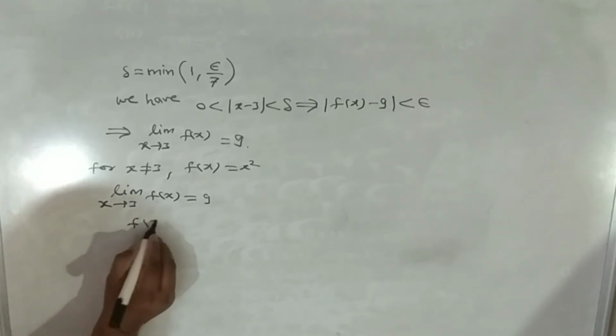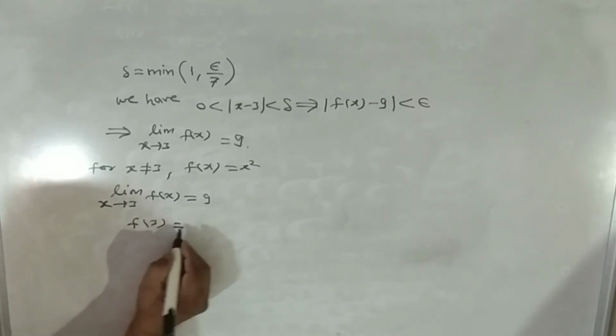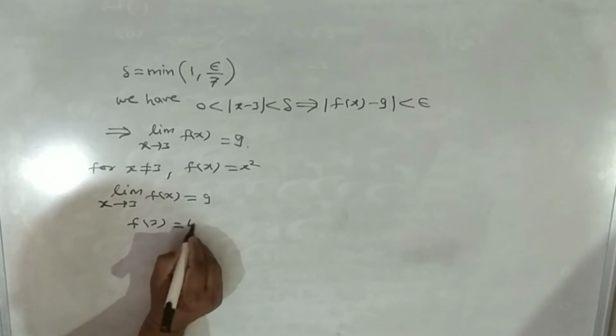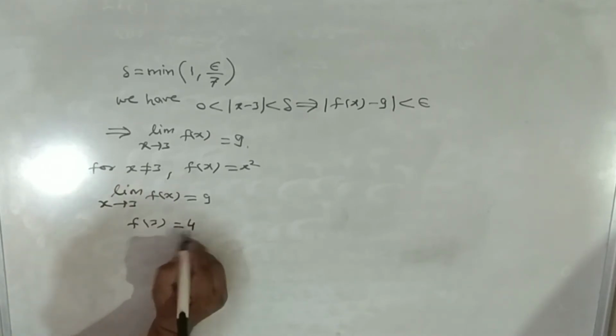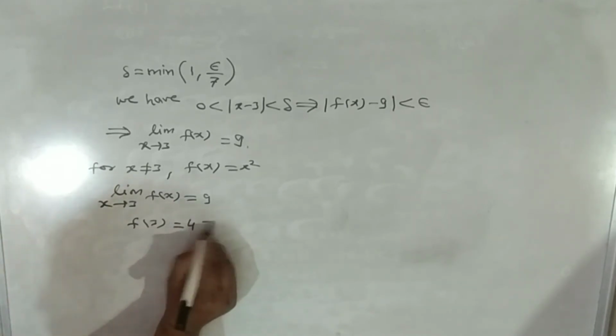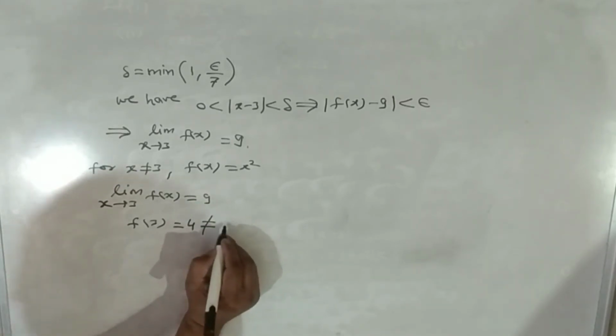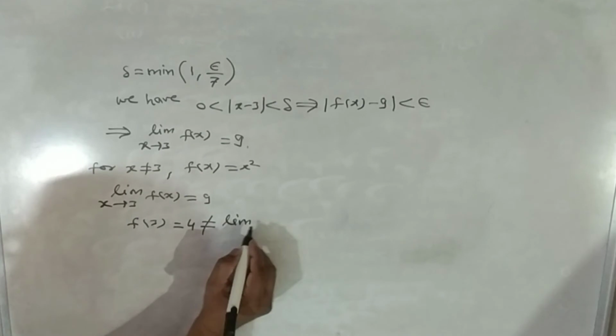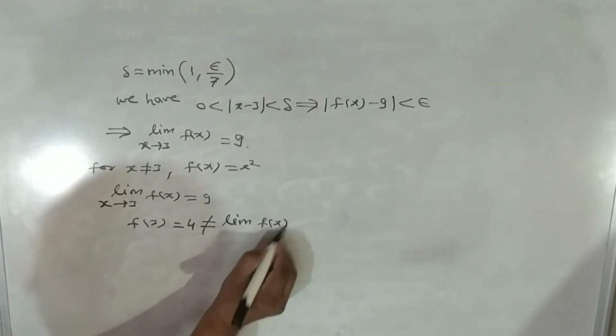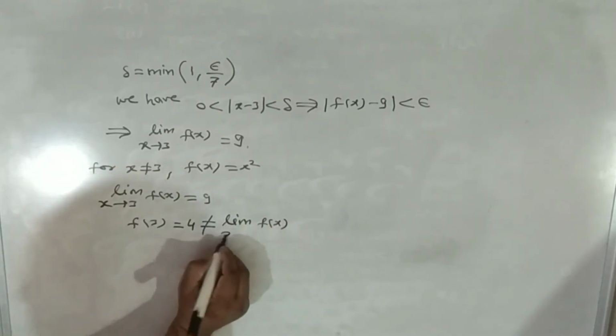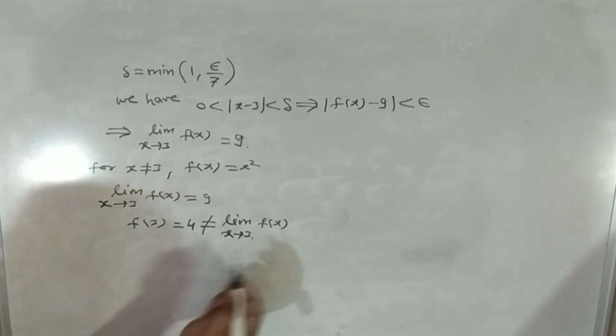So f of 3 is equal to 4, which is not equal to the limit of the function f of x as x tends to 3.